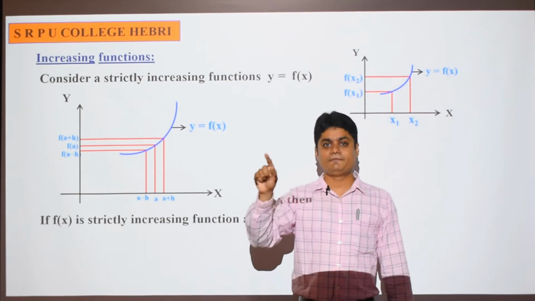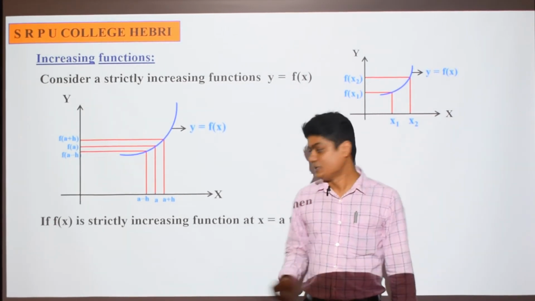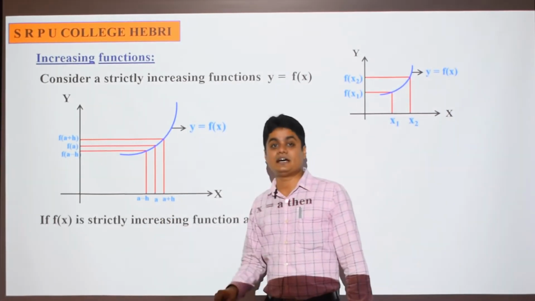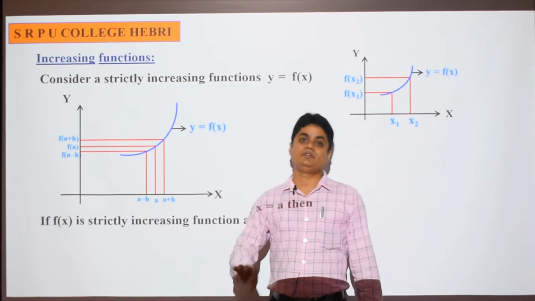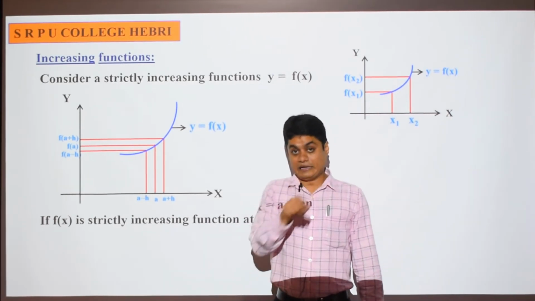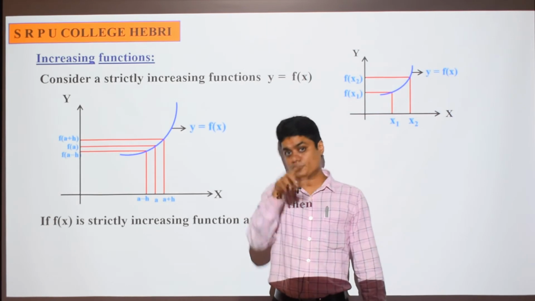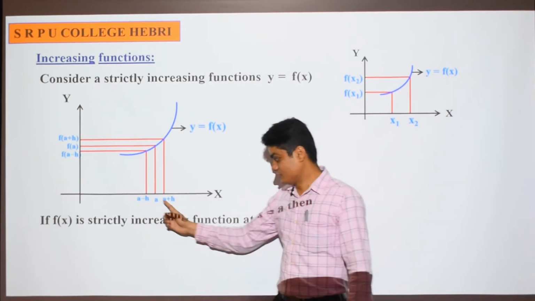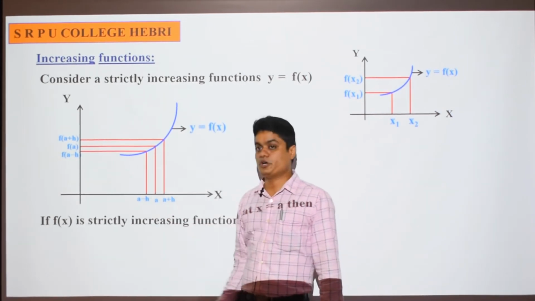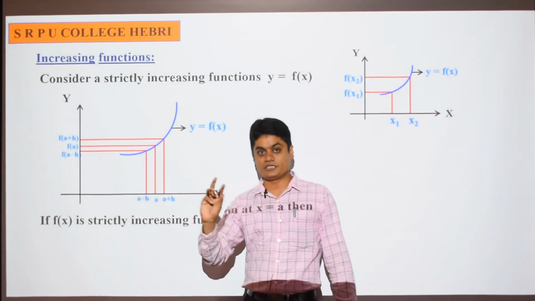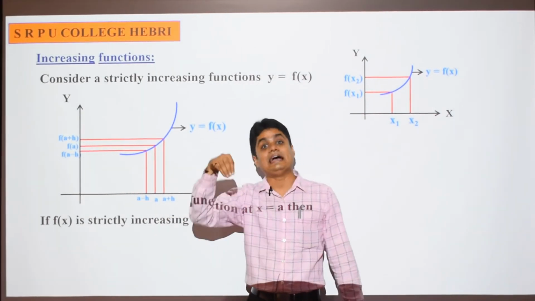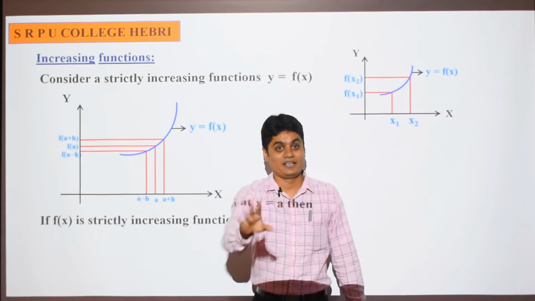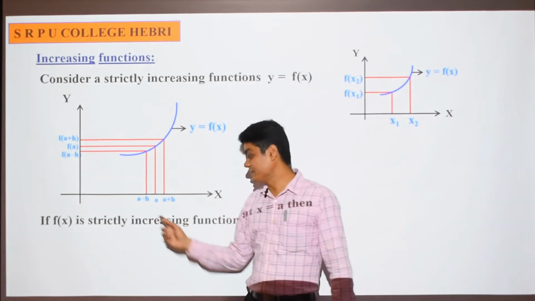For example, if you want to check at x equal to 2, a plus h and a minus h are maybe 2.01 and 1.9. That means you are not taking arbitrary values; it should be around 2. Understood? So if you want to check at one particular point, you take values which are more than a and less than a and very close to a.